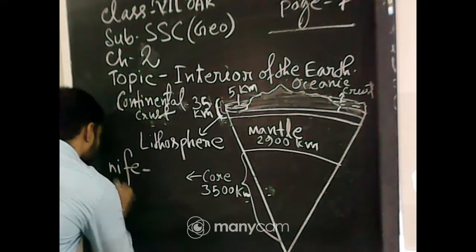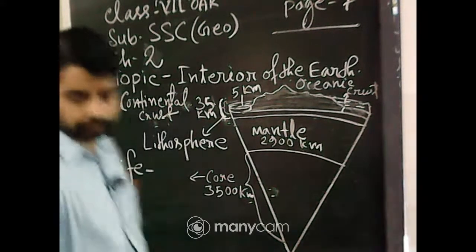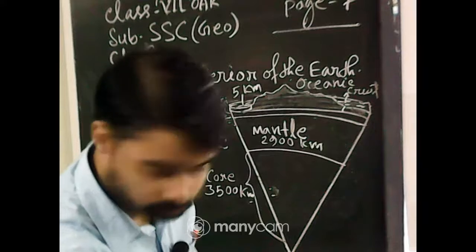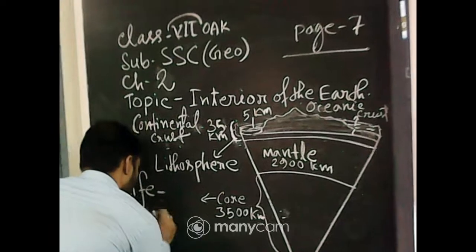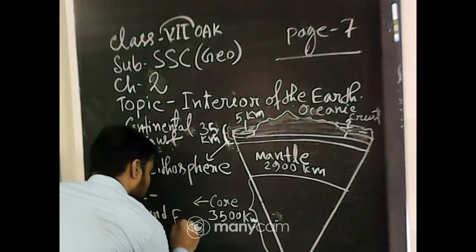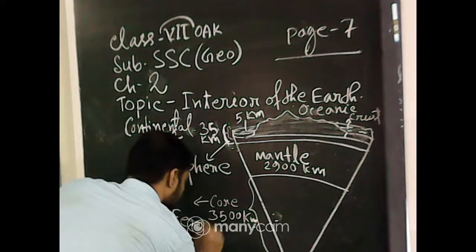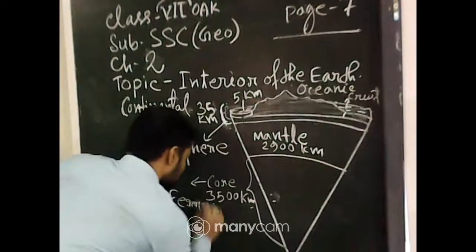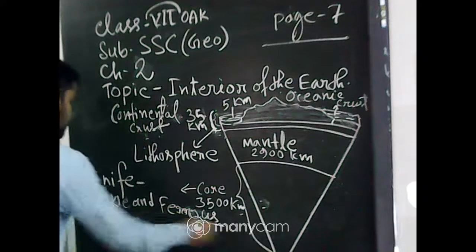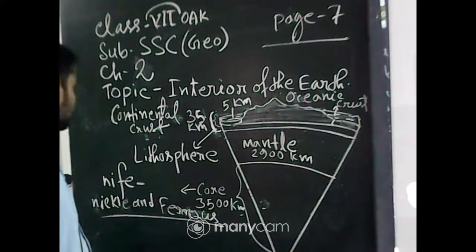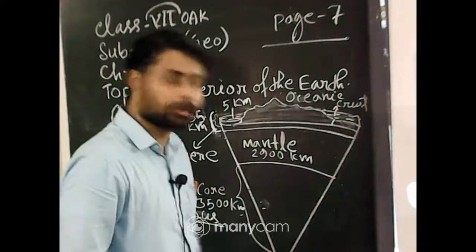Nickel and ferrous are the two metals present in the core, and the depth of the core is 3500 kilometers.